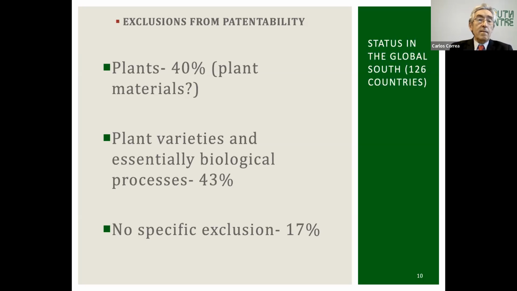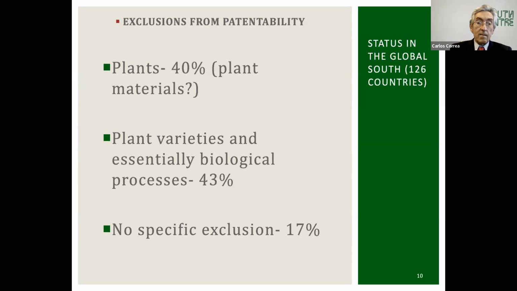The study also showed that plant varieties and essentially biological processes to produce plants and animals are excluded in 43% of these 126 developing countries. And no specific exclusion is found in 17% of the countries.